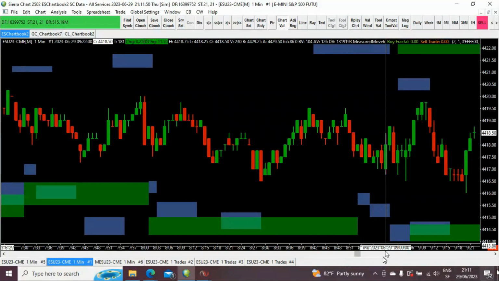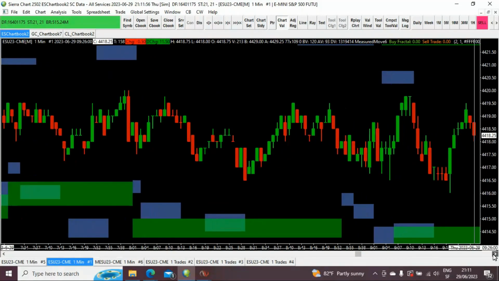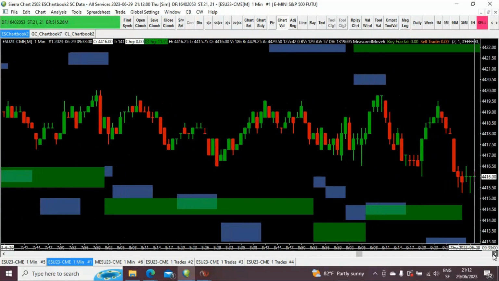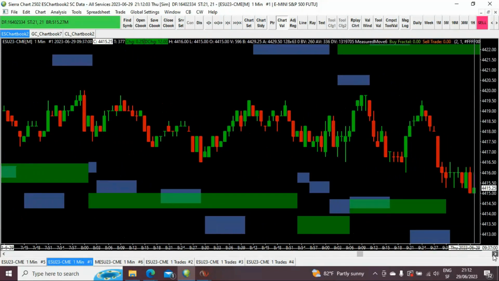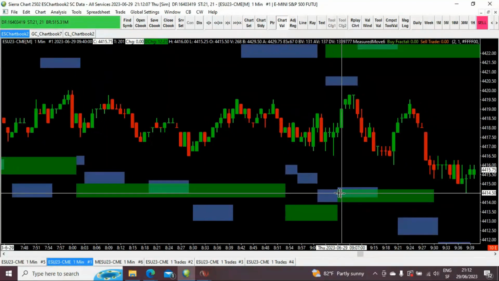So you see that just after the London Open, we had price move up, move down, and it stopped very close to this green level. Now that green level, as you could see, had been on the chart.